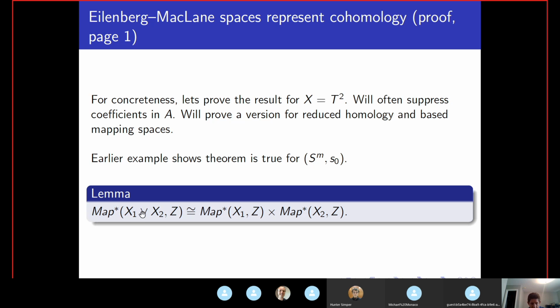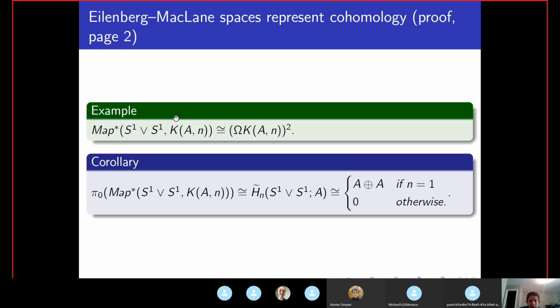Based maps out of a wedge are exactly maps from each factor. If you have maps from X1 wedge X2 into Z, that's exactly maps from X1 into Z cross maps from X2 into Z, if we're dealing with based maps. Any questions? Okay.